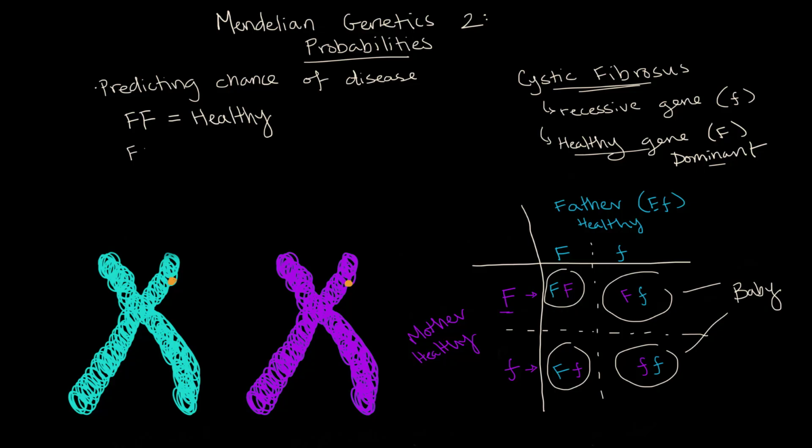Big F and little f, again, that healthy gene is dominant. So even if they have that cystic fibrosis gene, if they have the big F, the baby's still going to be healthy. If the baby in the bottom right quadrant is born, if this baby with the two small f's is born, so little f and little f, this baby will have cystic fibrosis.